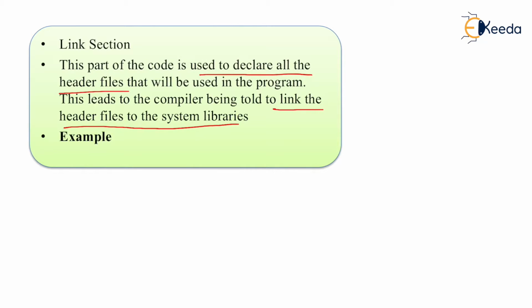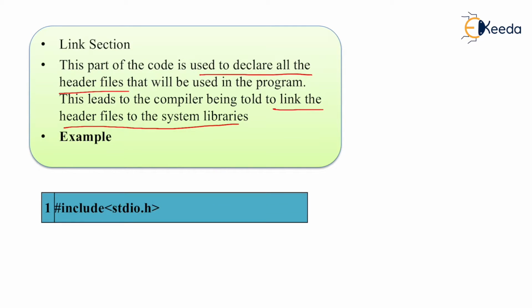For example, #include <stdio.h>. stdio.h is one of the header files present in C and it is used to perform standard input-output operations. To include this file, we are using one preprocessor directive, #include.